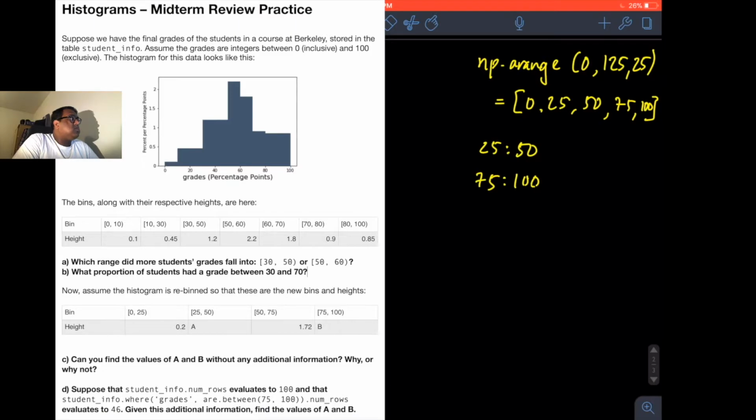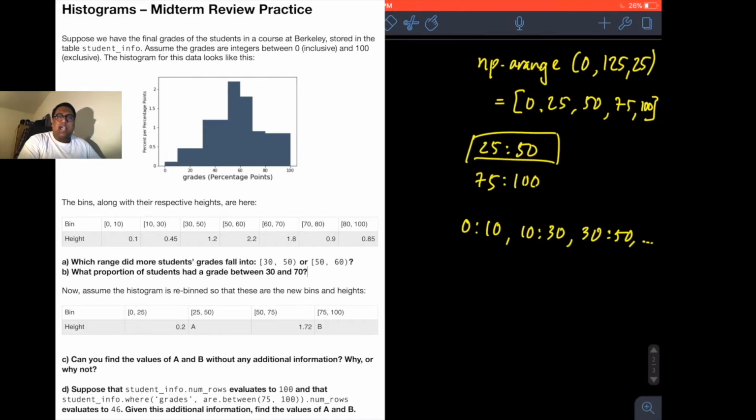But there are no 2 or 3 or any number of bars that exactly make up the 25 to 50 range, right? The bars we have in our original histogram are 0 to 10, 10 to 30, 30 to 50, and so on.